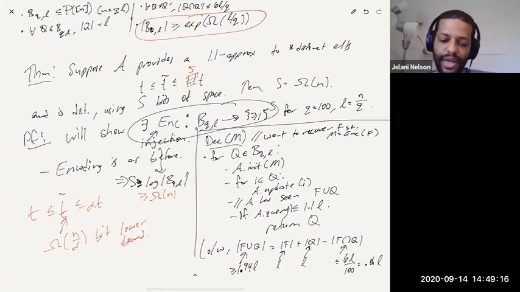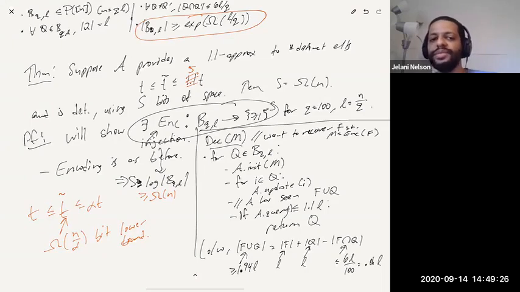I have a quick question. For an epsilon approximation, what is the dependence on epsilon in the lower bound? That's a good question. As long as you're getting some approximation that's strictly better than 2, you'll get a linear lower bound.